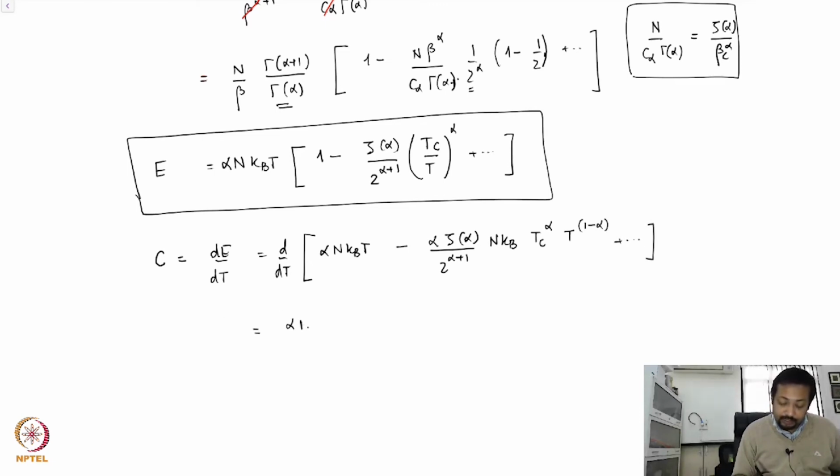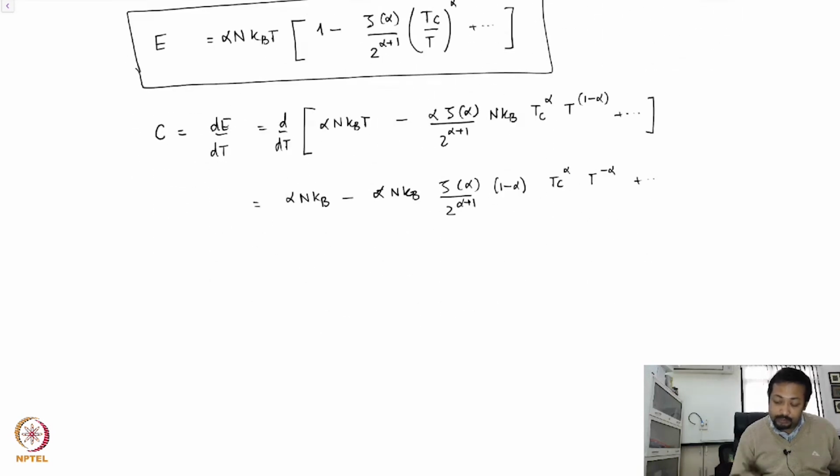So the first term is alpha n k_B, and the second term is minus alpha n k_B zeta alpha 2 to the power alpha plus 1, times 1 minus alpha, Tc to the alpha, T to the power minus alpha, plus higher order terms, so that I can take alpha n k_B common, and this gives me 1 minus zeta alpha 2 to the power alpha plus 1.